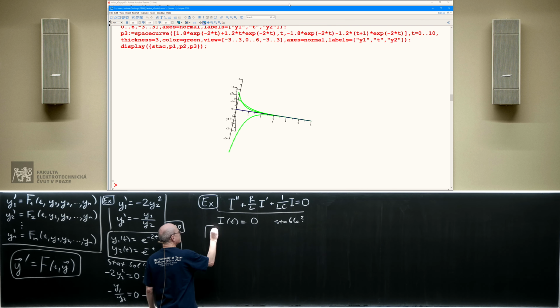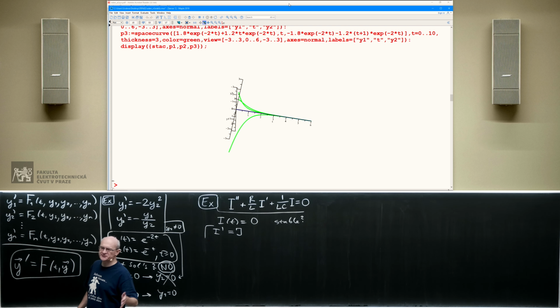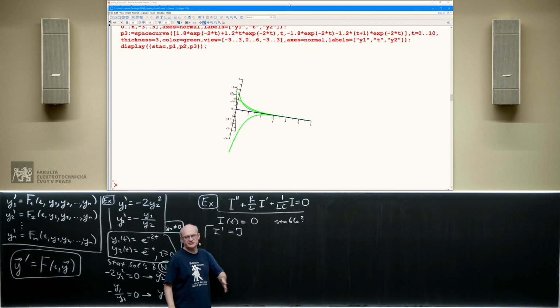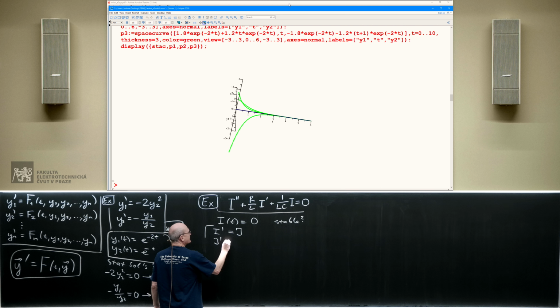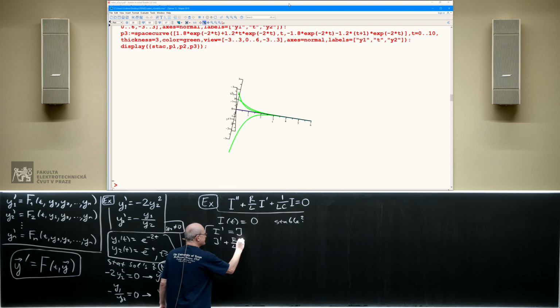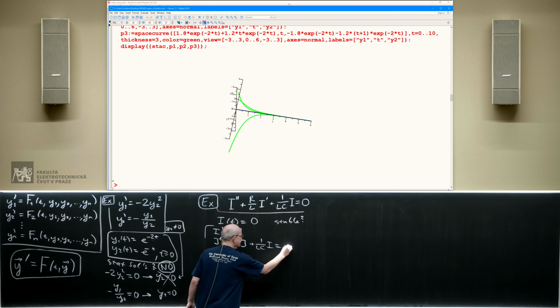I take the derivative of I and give it some name. Derivative of I could be, let's say, J. I suspect that people from physics, from electrical circuits theory, would have a different name perhaps for it and perhaps some story about it. I'm a mathematician, I do not care. Derivative of I is J, good for me. Okay, J prime plus R over L J plus 1 over LC I is 0.